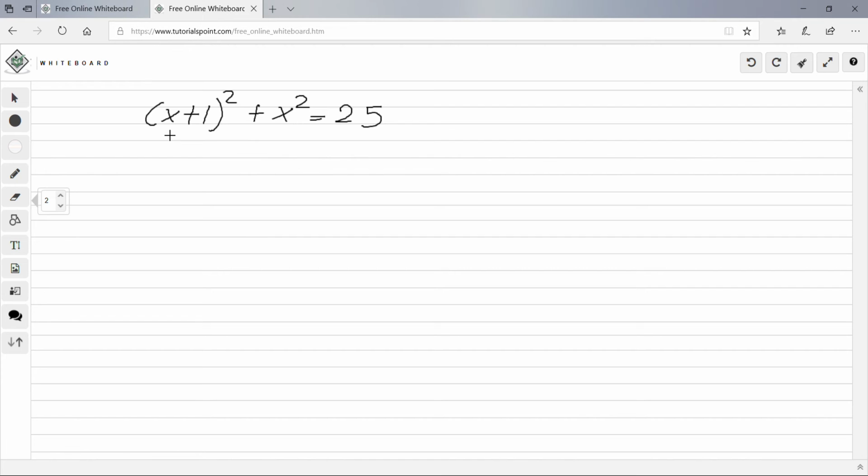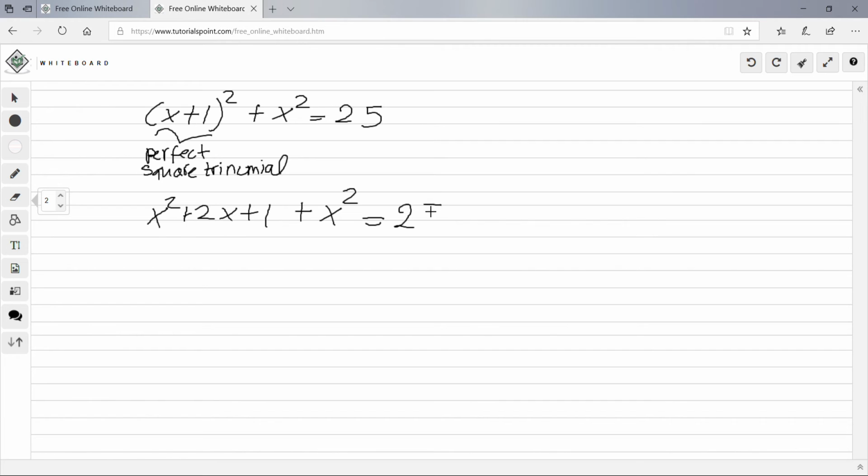I know this is a perfect square trinomial. So that's x squared plus 2x plus 1, and then bring down the x squared plus x squared equals 25.